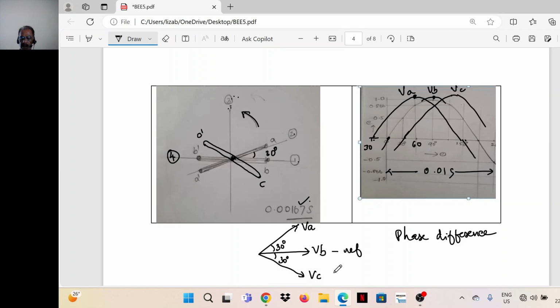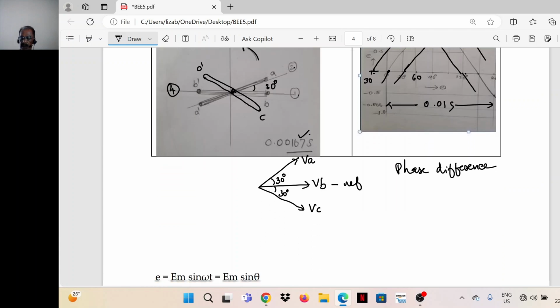When we represent these quantities as RMS phasors, VB is taken as the reference direction, VA is 30 degrees leading VB and VC is 30 degrees lagging behind VB. So VA is the most leading, then VB, then VC. This is called a phase difference.